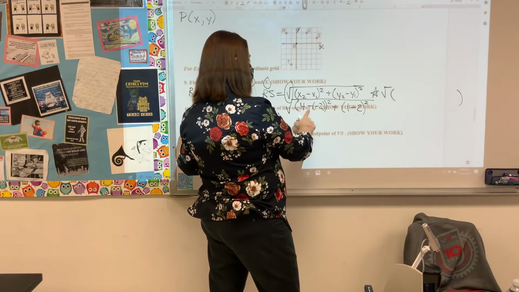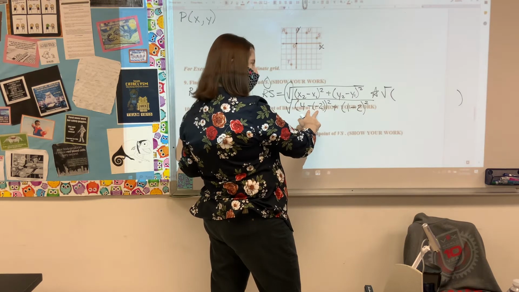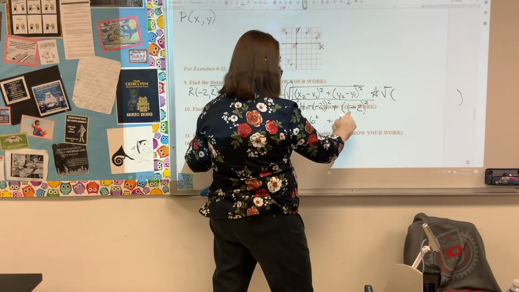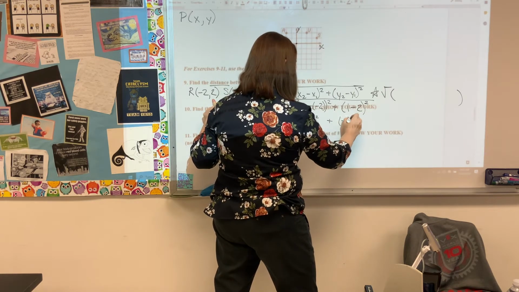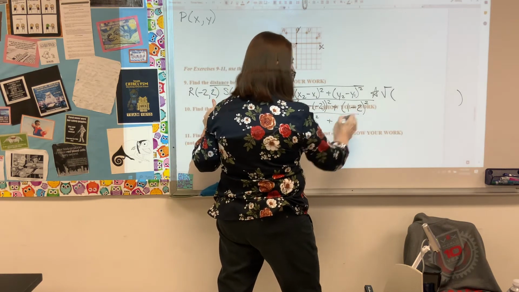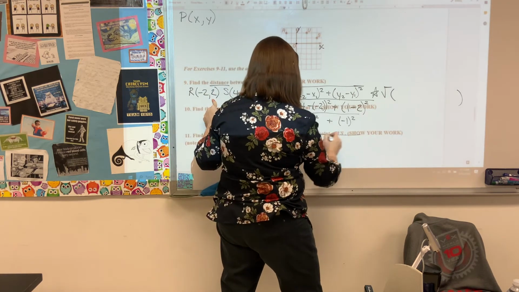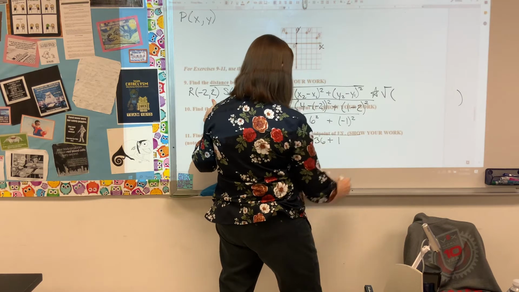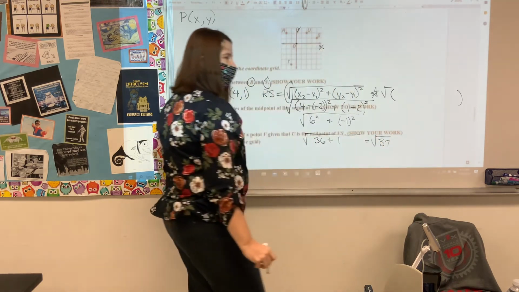Okay, 4 subtract -2. Whenever I subtract a negative, it becomes positive. This is 6 squared. 1 subtract 2 is -1 squared. Bring back that square root. Square root again, 36 plus 1. It should equal the square root of 37.